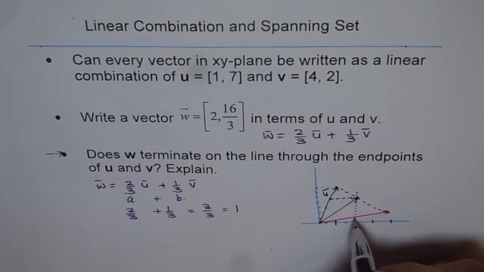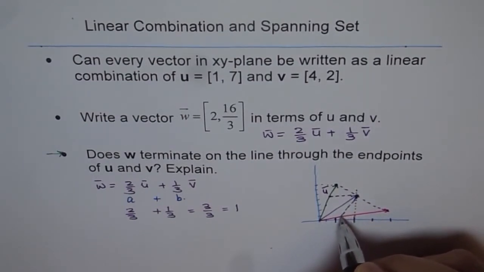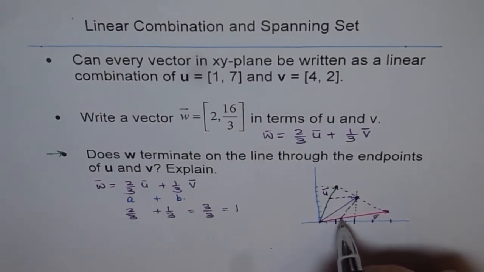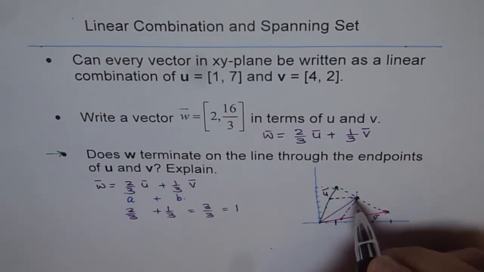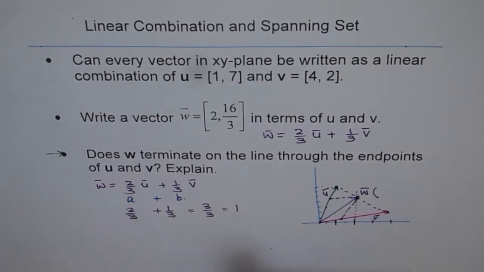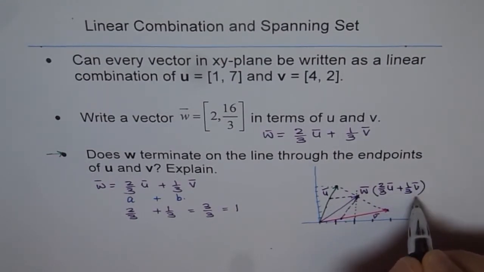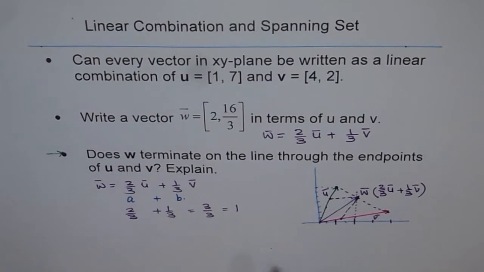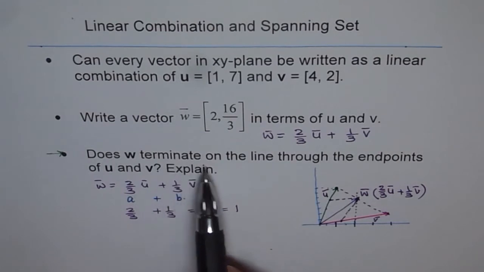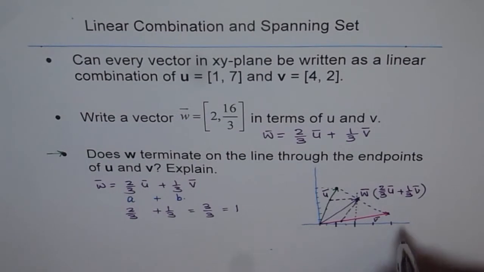And if I divide this into 3 parts, then this will be 1/3 of v. This is my vector v, and that will be 1/3 of my v. And when I draw this, I get w here, which is actually the linear combination of 2/3 of u plus 1/3 of v. And always, if a and b add up to 1, then w will terminate on the line through the endpoints of u and v, as I have shown you here in the diagram.